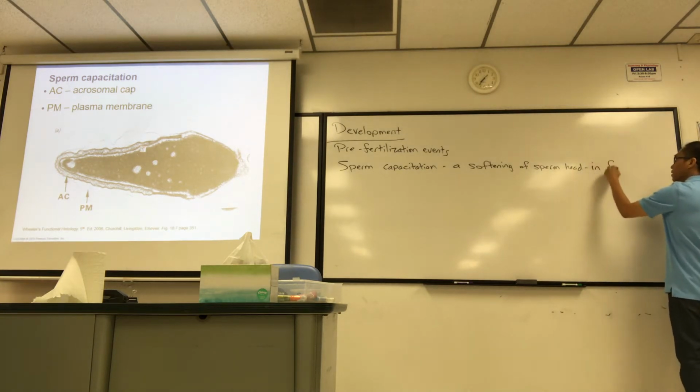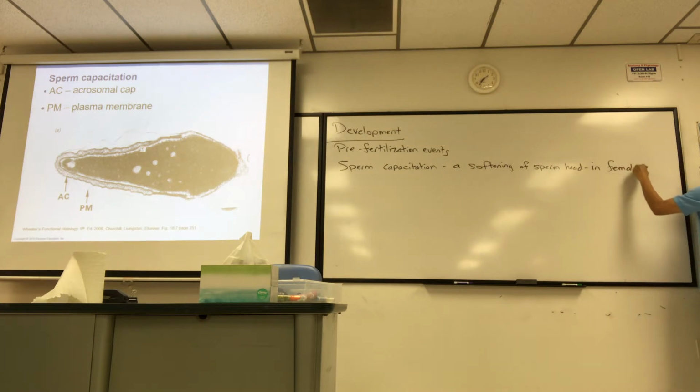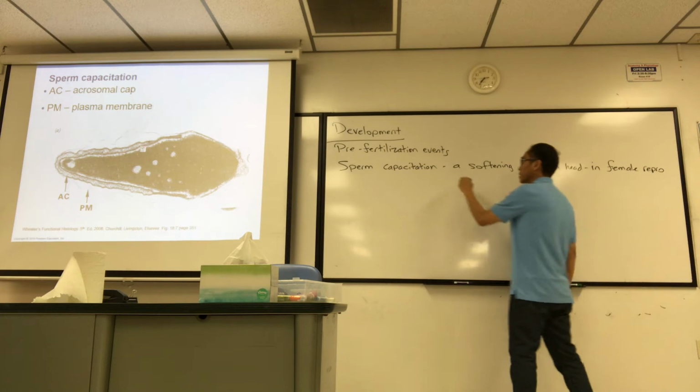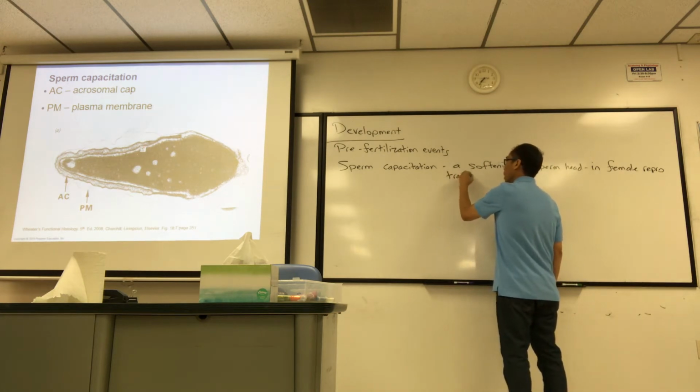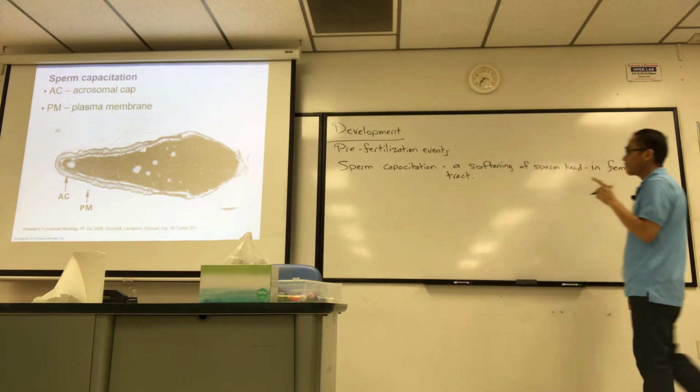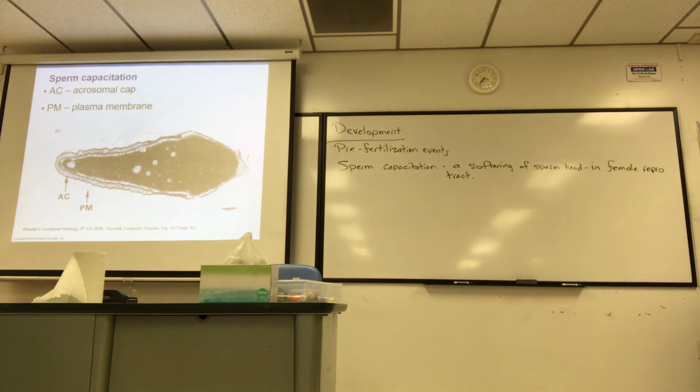So you're in the female repro tract. By softening the sperm head, you're increasing the chance that the acrosomal cap will spill its lytic enzymes on the egg to penetrate these barriers.